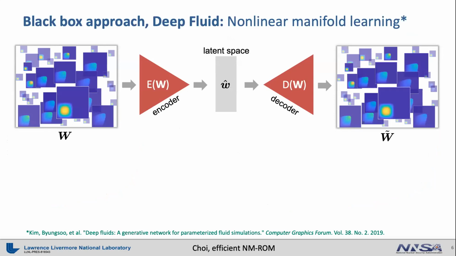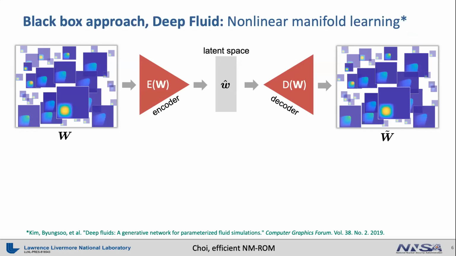The black box approach I would like to introduce is so-called DeepFluid, where a nonlinear manifold learning algorithm, that is an autoencoder, is used for compression and decompression of the solution data W. Here you can imagine, for example, that your solution data are fluid state fields from your flow simulations.